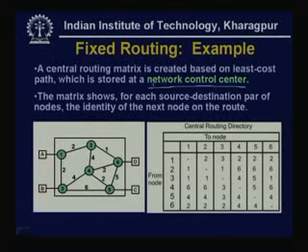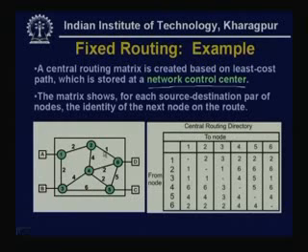Suppose from node 1 you have to send a packet to node 6, then in which node it has to be forwarded. For example, if it is going to 6, then the next node to be forwarded to is 2, and the cost of each link is given here.